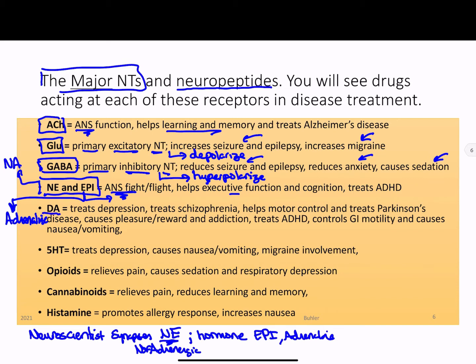Dopamine, we often think about dopamine in terms of reward and addiction because all addictive agents and activities cause huge dopamine surges. If you do something, whether it's take heroin, gambling, running for some people, have sex, eat chocolate, all of these are pleasurable activities, but they're not just like a calm pleasure, like, oh, that was nice.